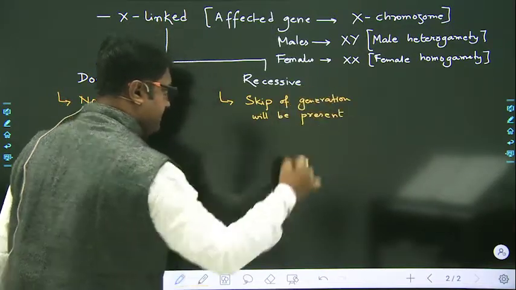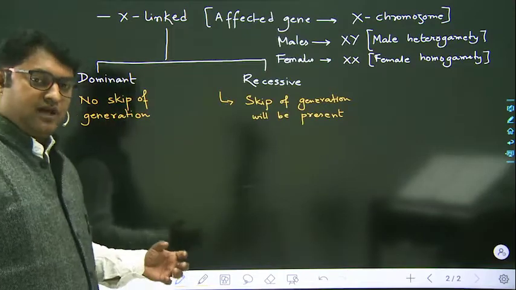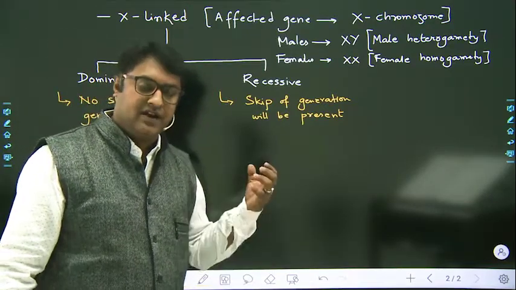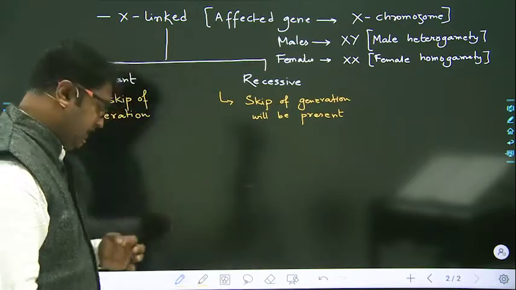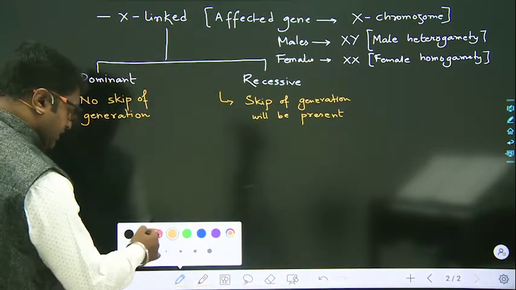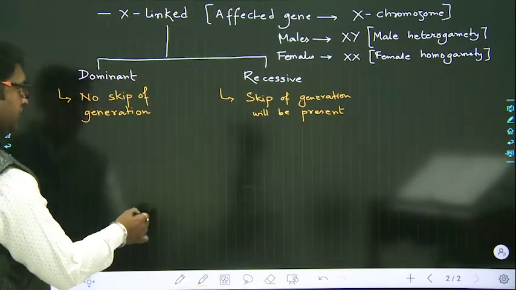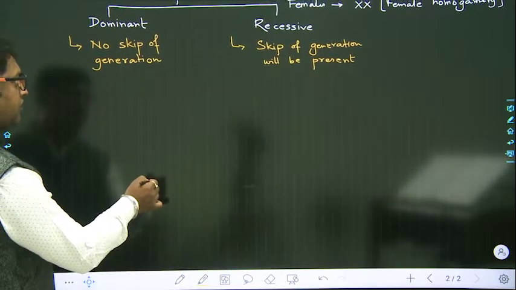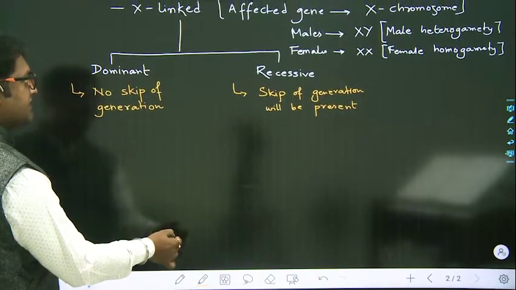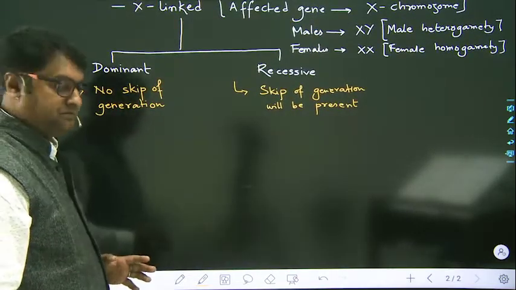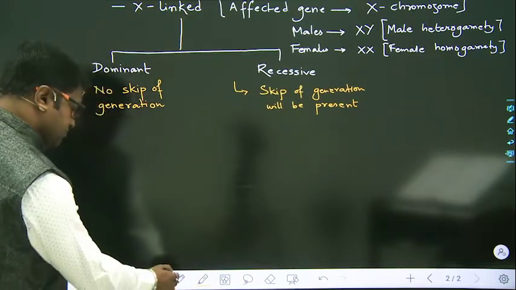Now comes the tricky part, how to remember which one will be which type of pedigree. We will take each of the cases. To begin with, we look at the cases for dominant, a type of X-linked dominant.